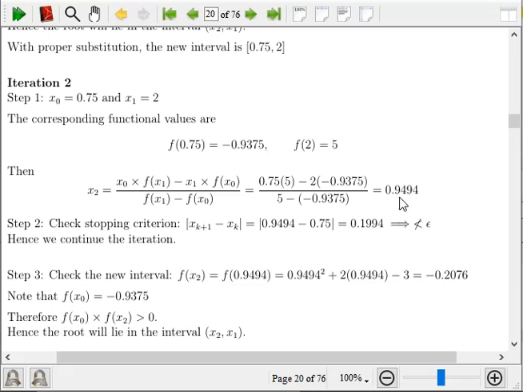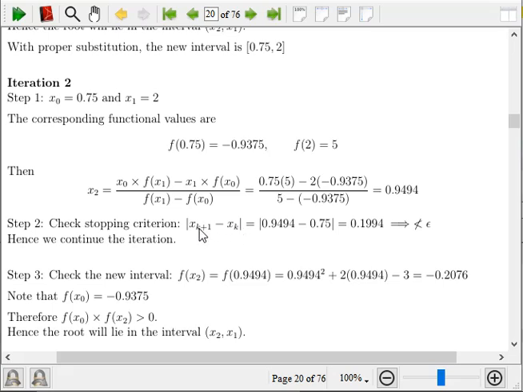At this point, we can make some comparison to check whether we can stop the iteration here, because this is a second iteration and there's a previous solution, which gives room to make a comparison. So the current solution, that is x(k+1), this is x2 minus the previous solution, say x1.